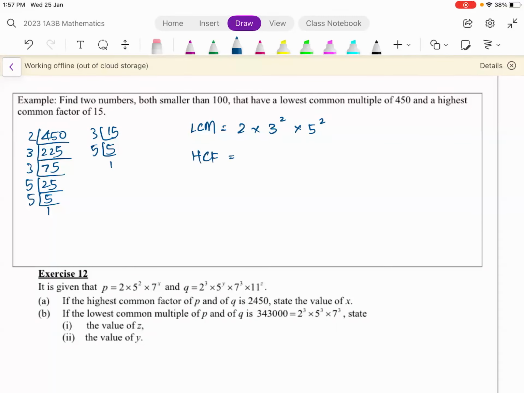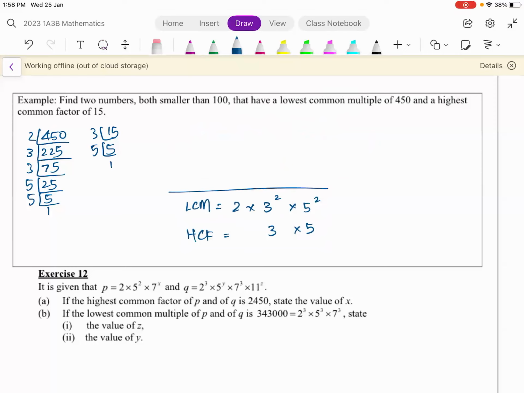HCF 3 times 5. So we are like reversing. I think it'll be easier for you to put it lower. Then you have your two numbers, A and B. We don't know what they are yet, but this is what it's going to look like.